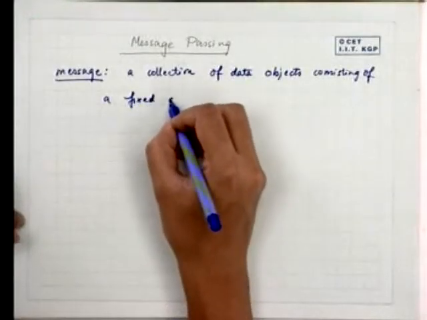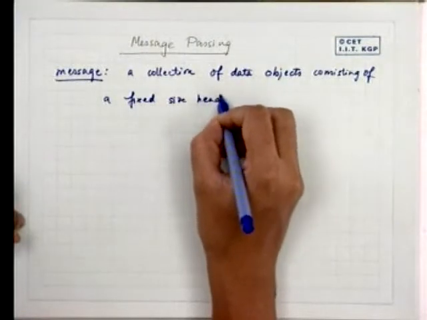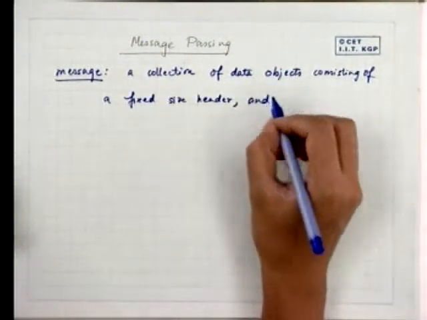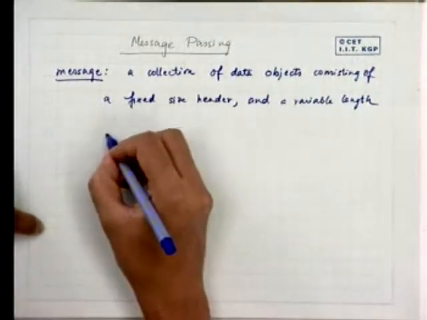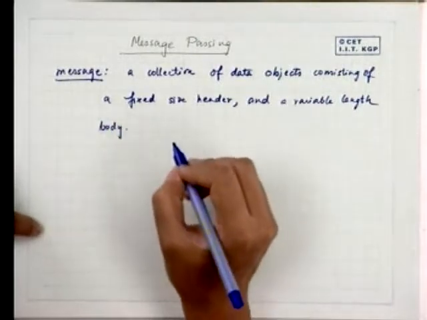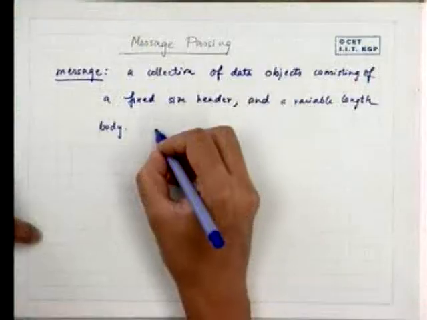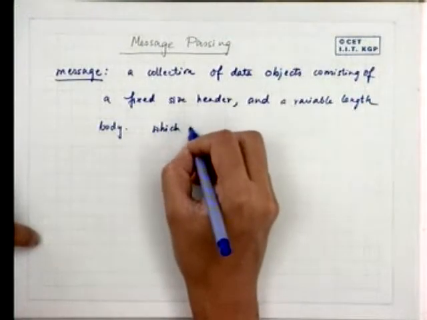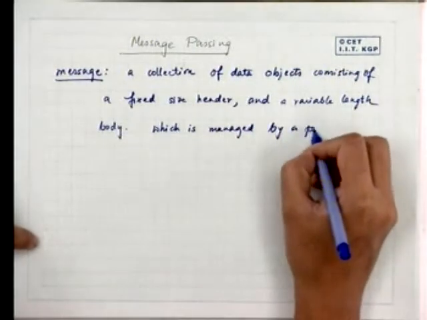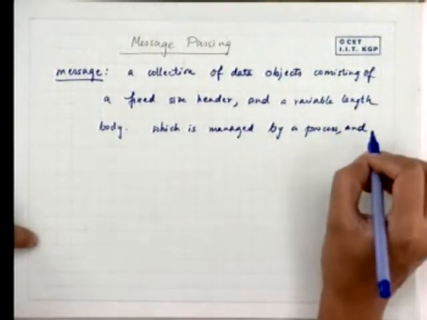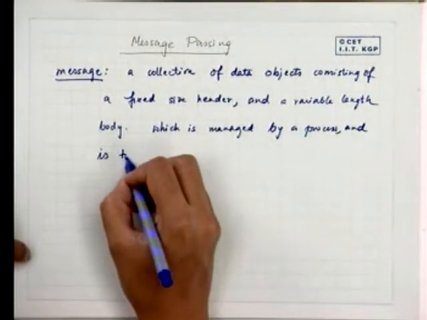So the message will have a fixed size header, and it will have a variable length body because the contents of different messages will be different. And a message is managed by a process, and the message is to be delivered to a destination.